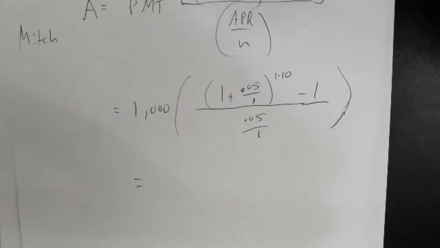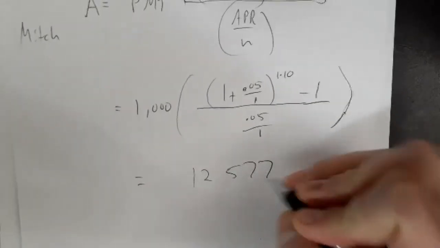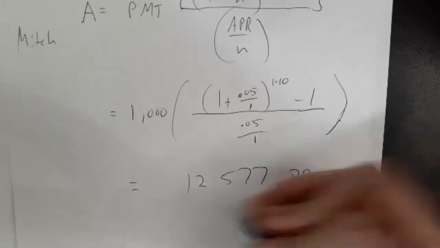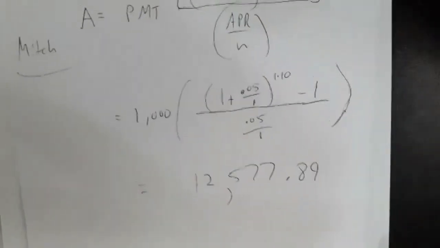I subtract 1, divide by 0.05, and multiply by 1,000. I'm getting 12,577.89. And this accounts for Mitch's first 10 years of making regular payments.